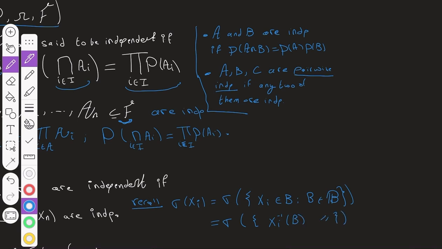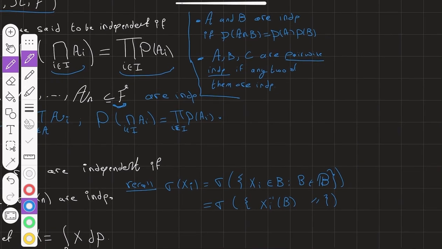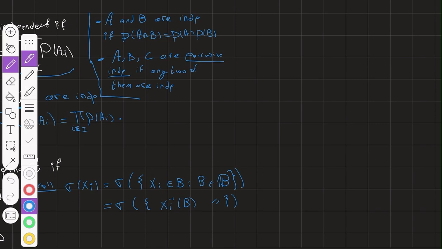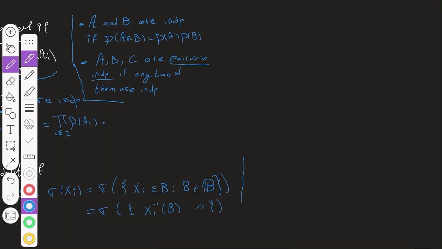So what are we saying here? We're saying that what we want in this case is the following. Maybe if I write it in more detail, it's going to become clearer.